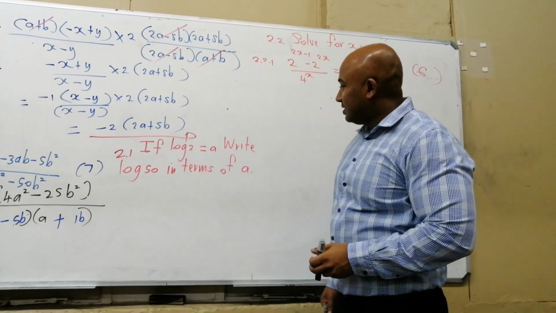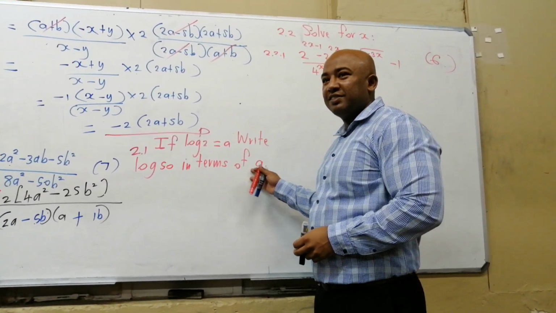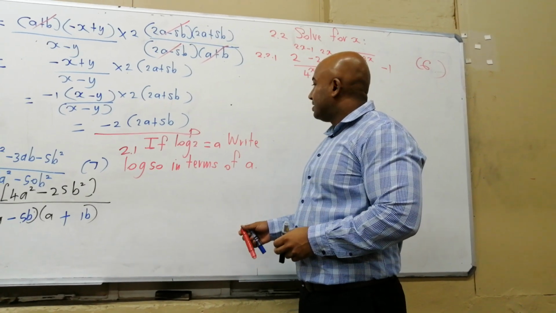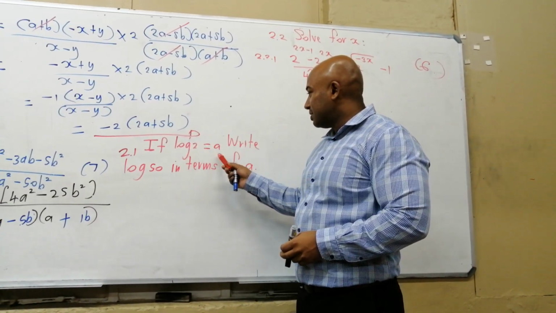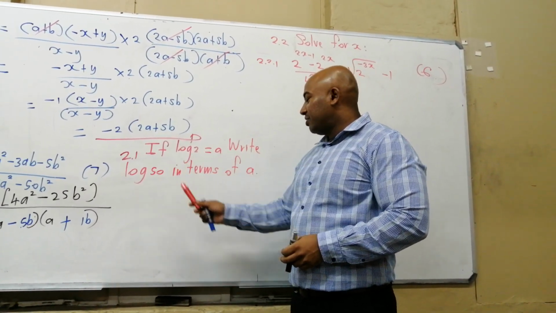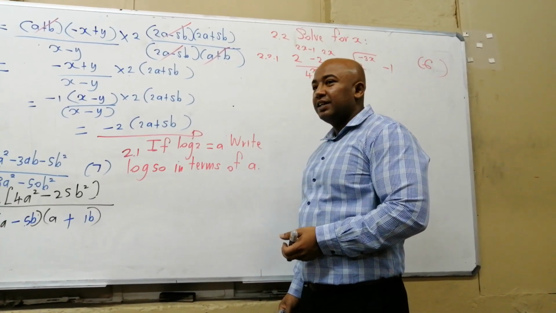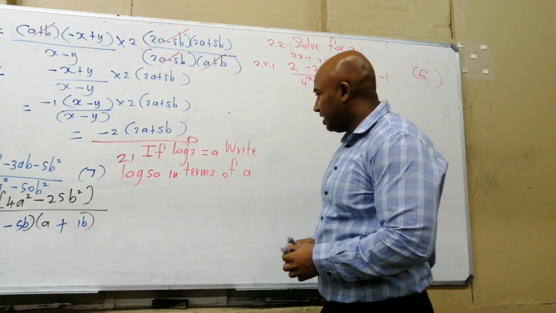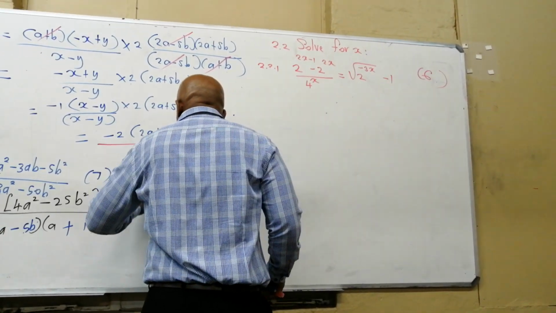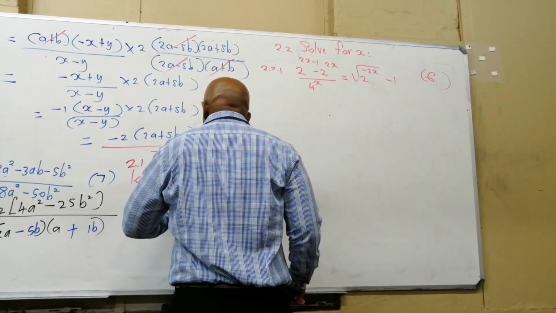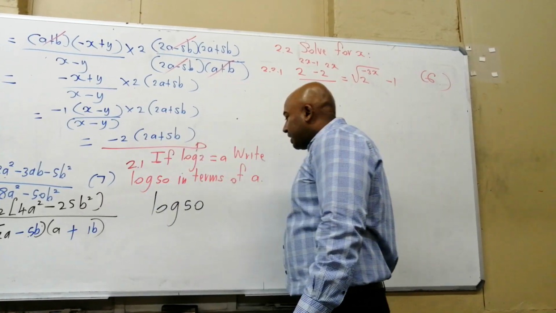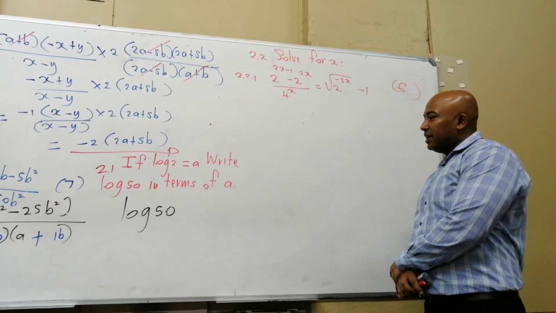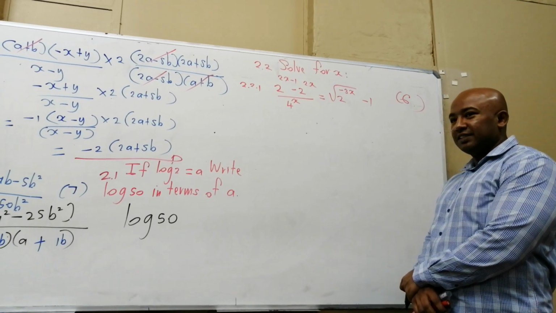Alright, so this is similar to the grade 12 type of questions. If log 2 is equal to a, write log 50 in terms of a. So now what we have is log 50. What can we do to the number 50?